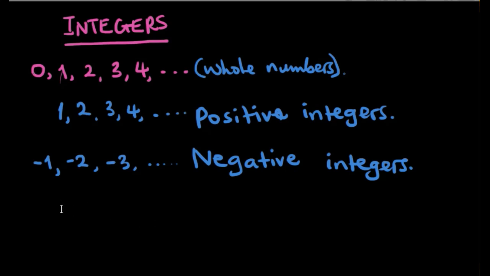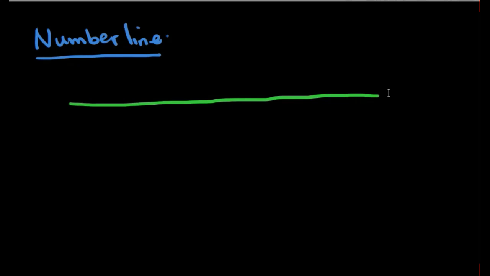Now, if we show this on a number line, let's have this shown on a number line. We will clearly see how these integers are. So you have a 0, then 1, 2, 3, 4, 5, and many others are going.